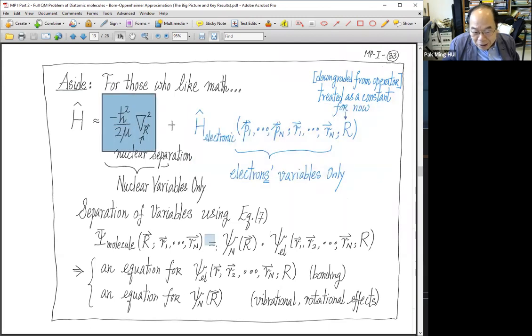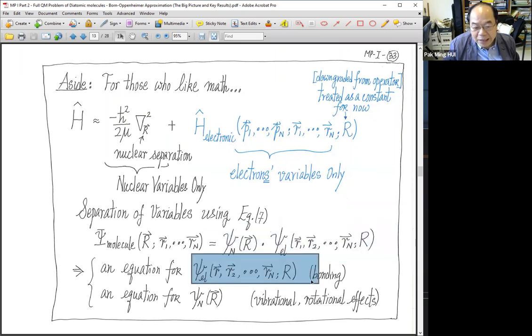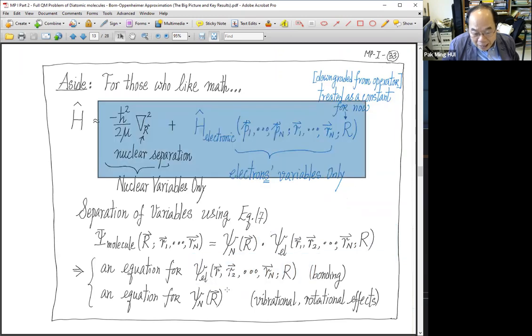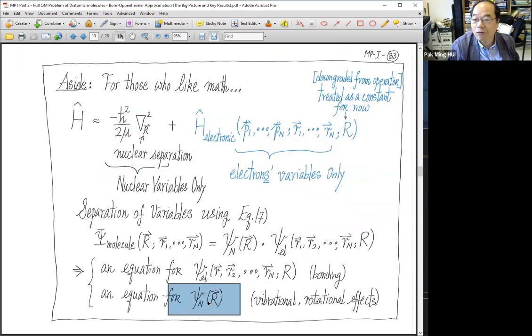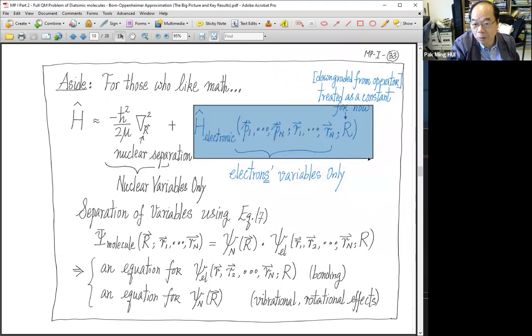Therefore I can make this approximation and do separation of variables, and I have this form. Thereby I can solve this, then take this solution, come back here and solve the whole equation again. I can find the nuclear wave function. That is the flow of ideas. But for the moment, we will focus on the electrons' Schrödinger equation.